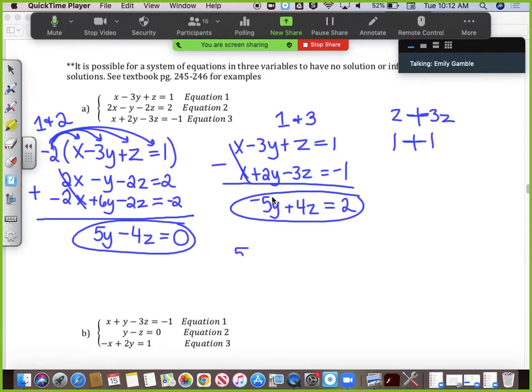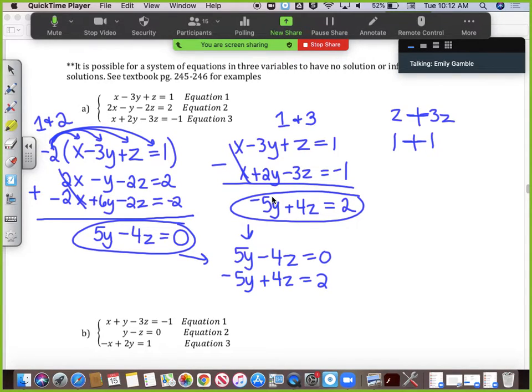So I'm going to write 5y minus 4z equals 0, and negative 5y plus 4z equals 2. Once you have these two new equations, you rewrite them as your new system, and now what you would do is solve this system using these two new equations.